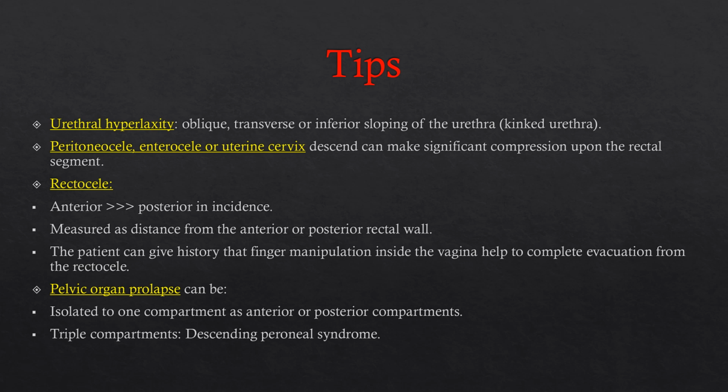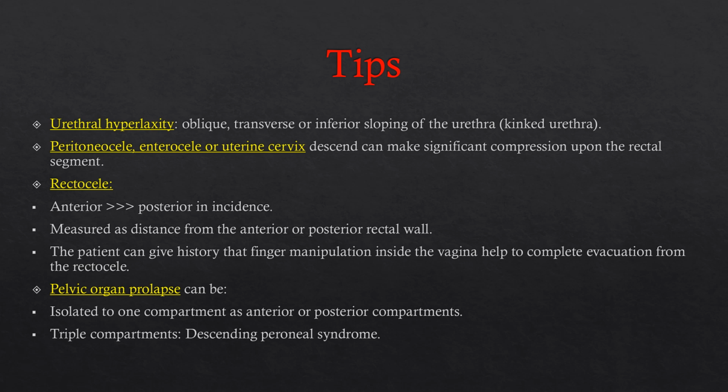Our last tips for today's session: urethral hyperlaxity. Instead of the vertical orientation of the normal urethra, the urethra can be oblique, transverse, or inferior sloping. The severe degree of urethral hyperlaxity is what we call kinked urethra.